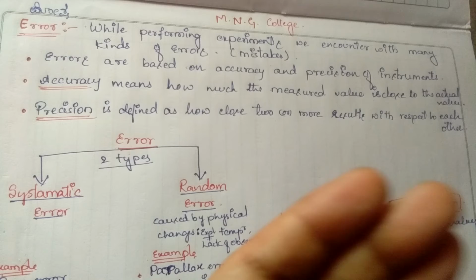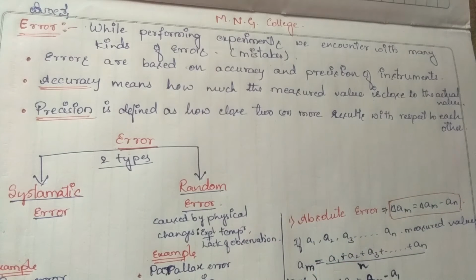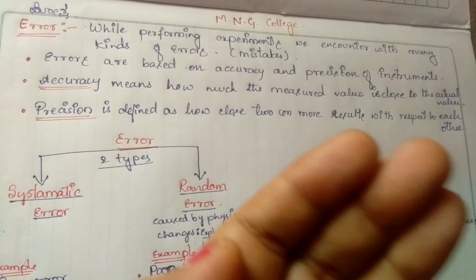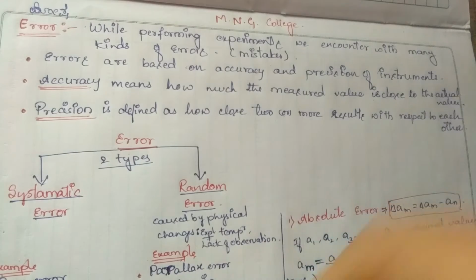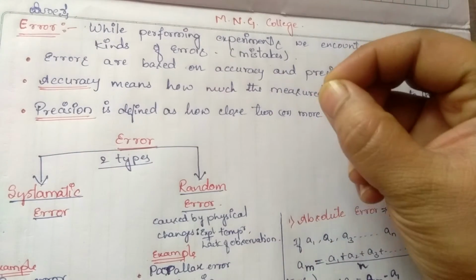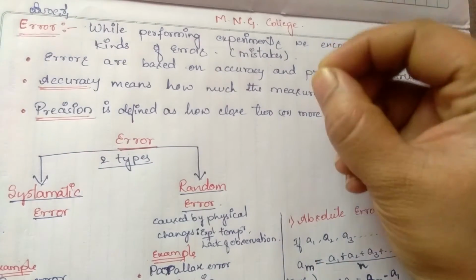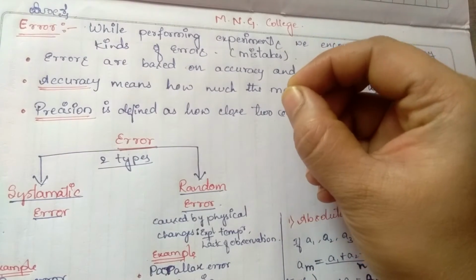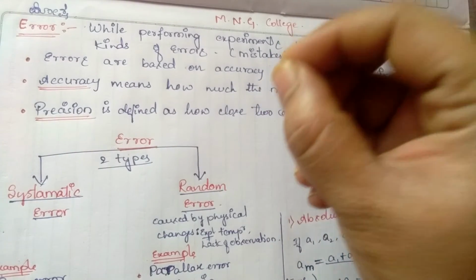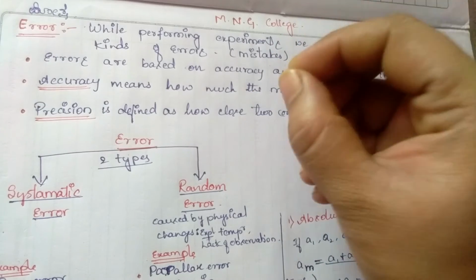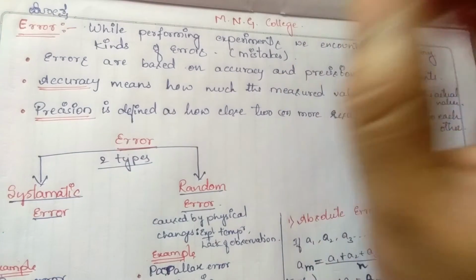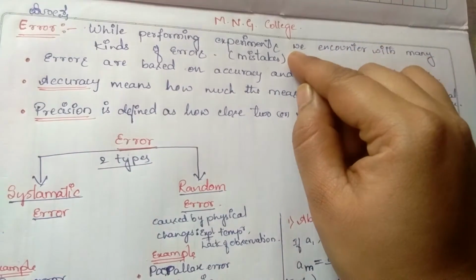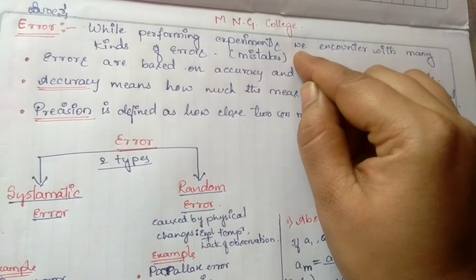Those are the errors we call, meaning the experiment gives a value that lacks accuracy, through the experiment, the procedure, or the calculations. That we call error, meaning the result doesn't give a perfect value.